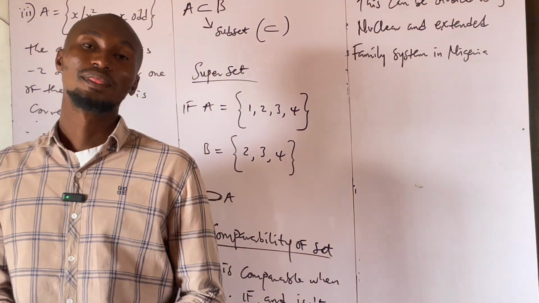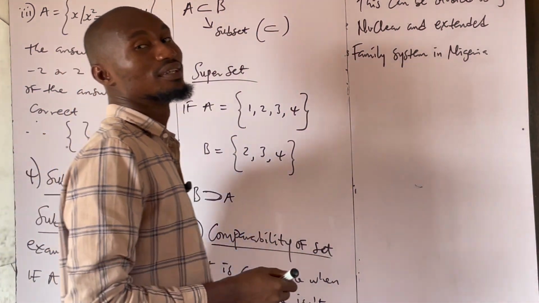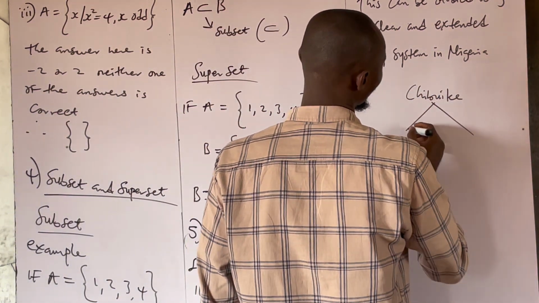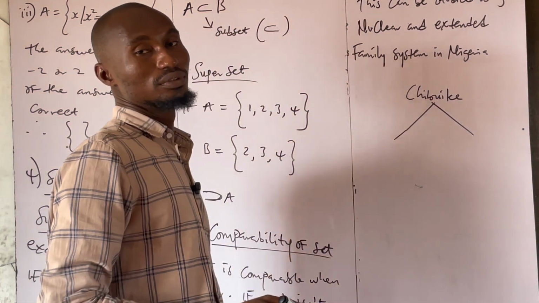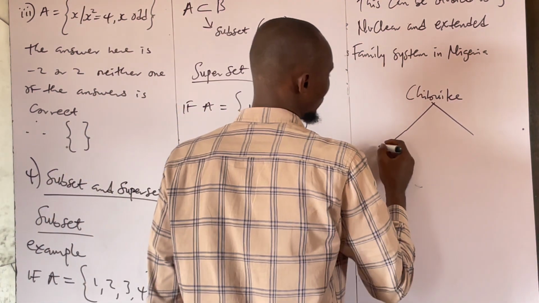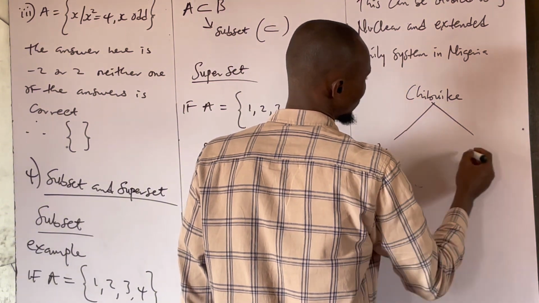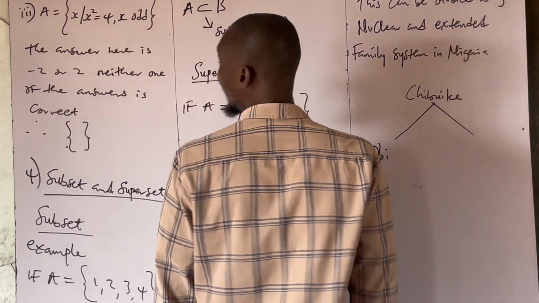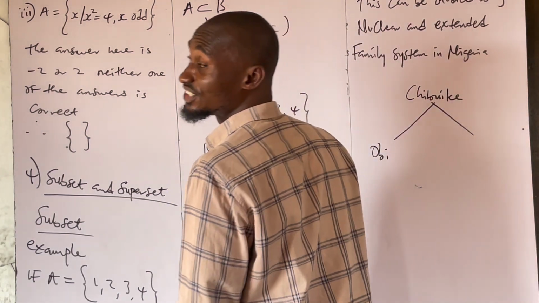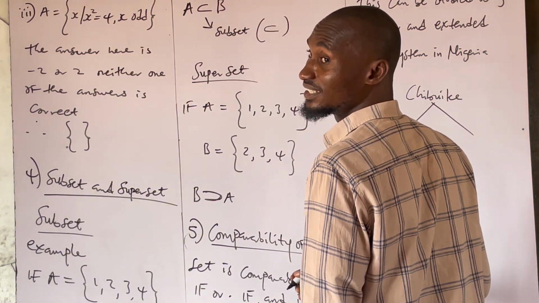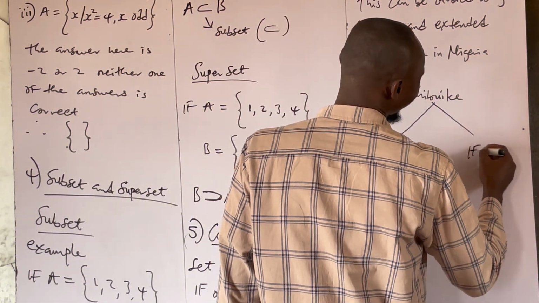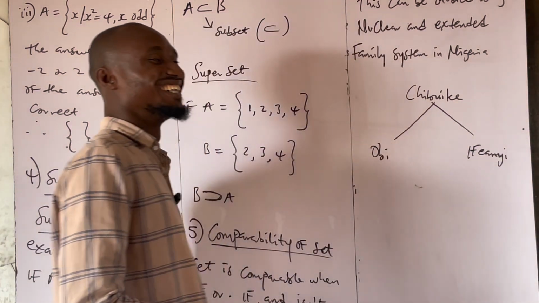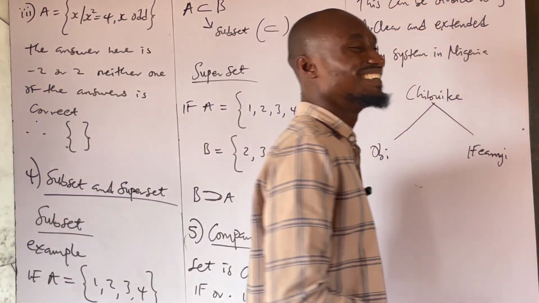For instance, what's your name? Chibike. Now, you give birth to two sons, Obi and Ifeanyi, right?